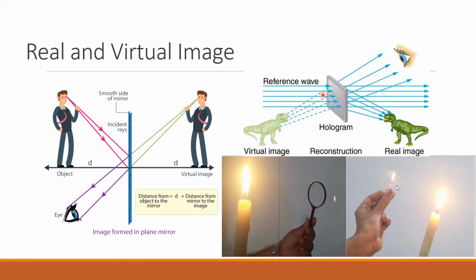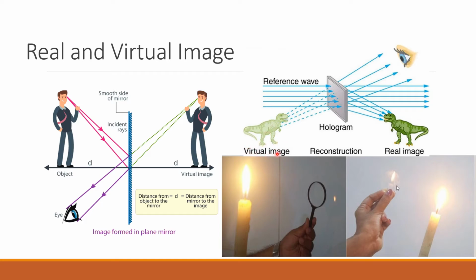These dotted lines are your imaginary lines. I have drawn these dotted lines for simplicity. So when it appears to be coming out of this point, the image formed is your virtual image.